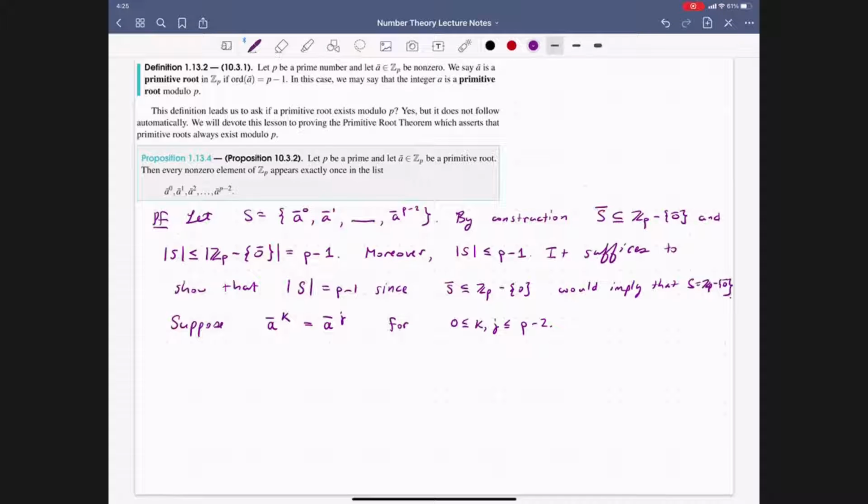Well, if we have this equality, we know that a bar is non-zero, so it's a reduced residue of the integers modulo p.